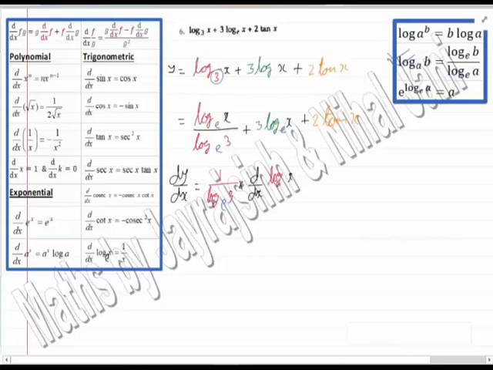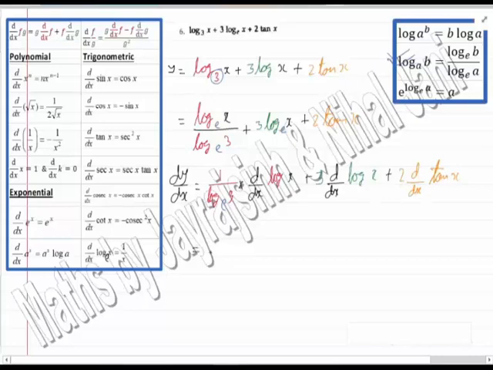We don't have to write the base e. Okay, don't worry about it. Okay, now in second term, 3 is the constant term. We are going to differentiate only log x, right? And in third term, 2 is constant. We are going to differentiate only tan x.